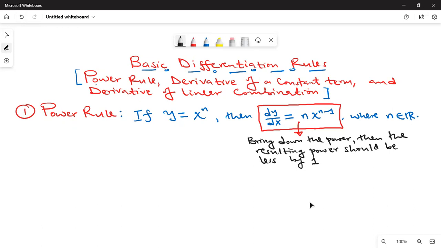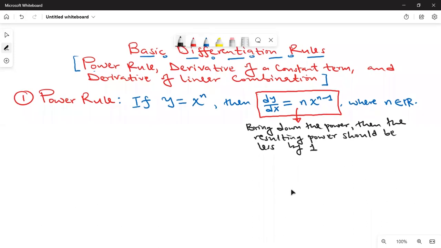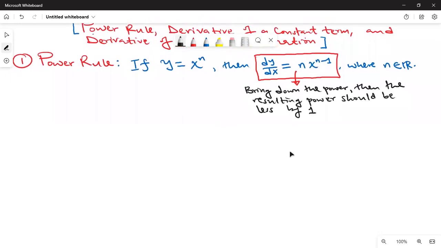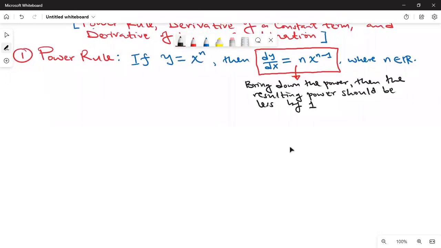And these rules are formulas. Somebody might be wondering, where do we get this formula from? This formula is derived from the first principle of differentiation. So we can derive it. I can write here: derivation.